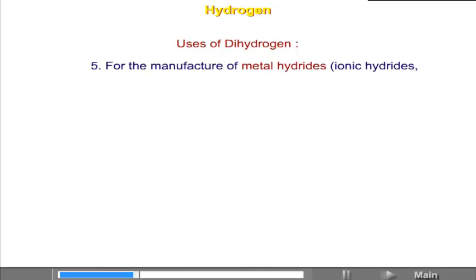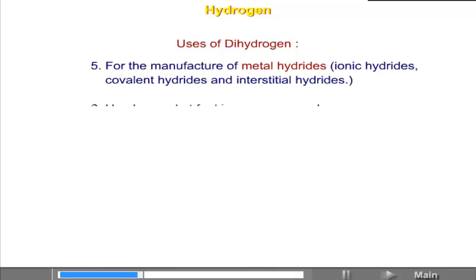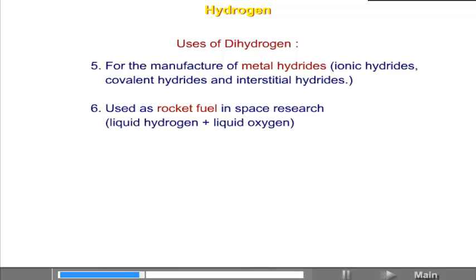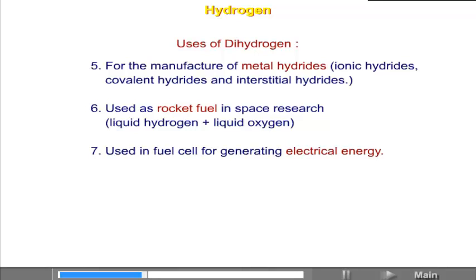For the manufacture of metal hydrides: ionic hydrides, covalent hydrides and interstitial hydrides. Used as rocket fuel in space research, liquid hydrogen plus liquid oxygen. Used in fuel cells for generating electrical energy.